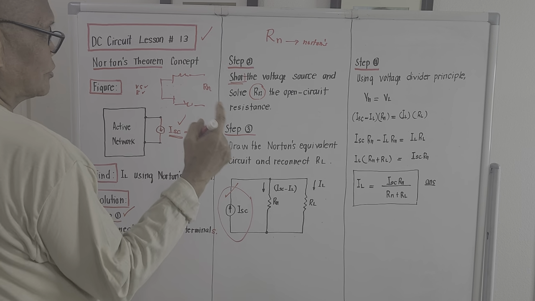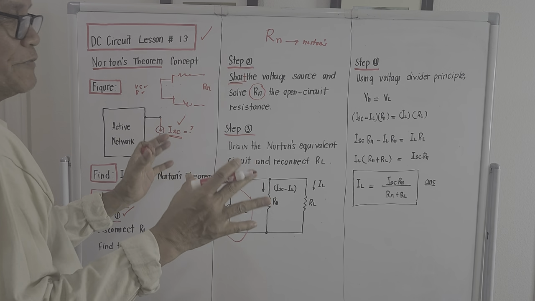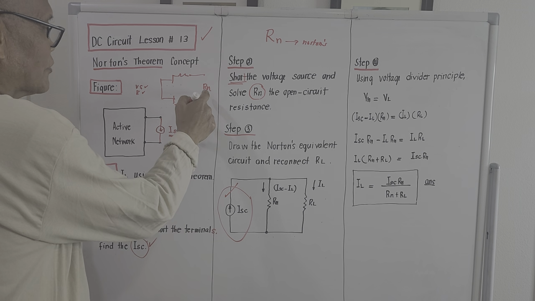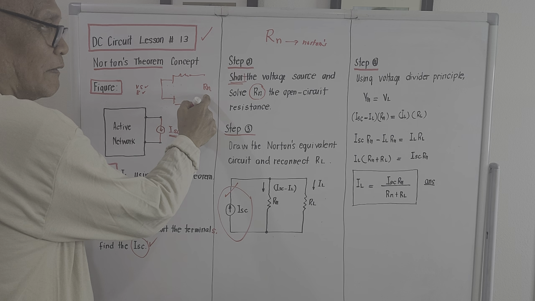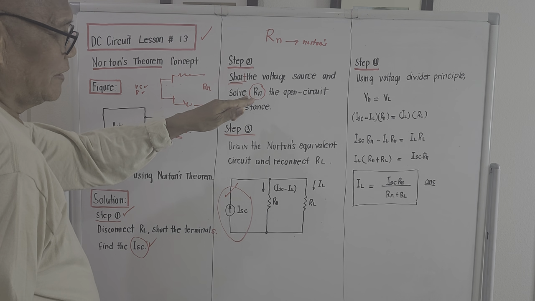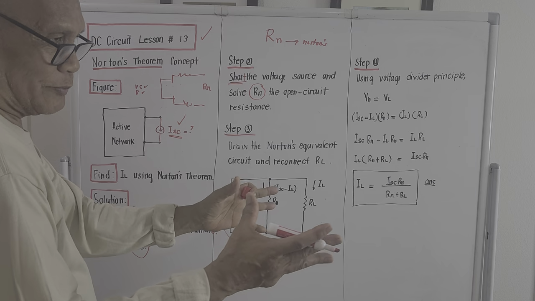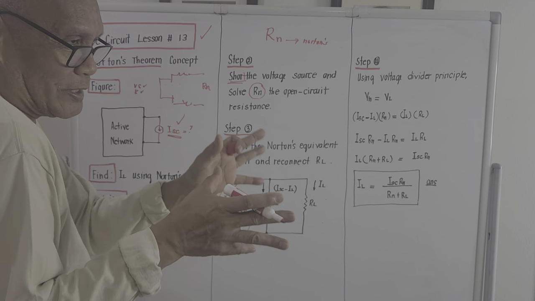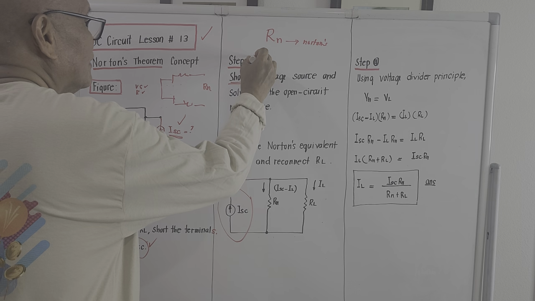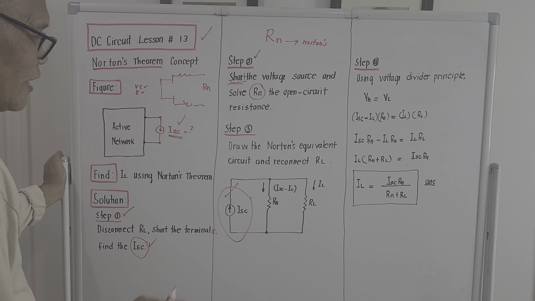So if the voltage source is not present, again, by using our knowledge of the series-parallel concepts, we could compute for R sub N. For the meantime, I could not show you a computation for R sub N because we do not have an example yet. We are just discussing the concept. That's step number 2. And step number 2 is actually this portion here.